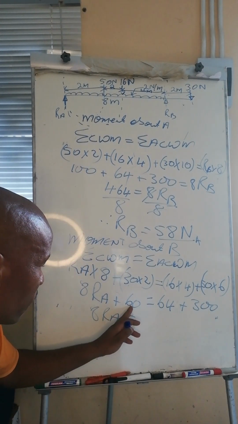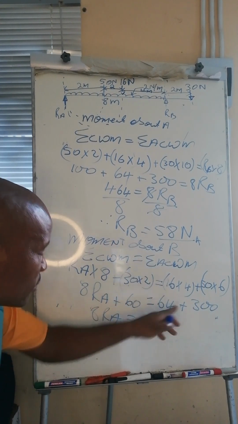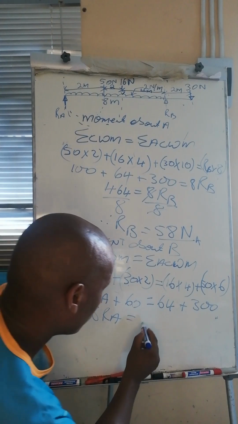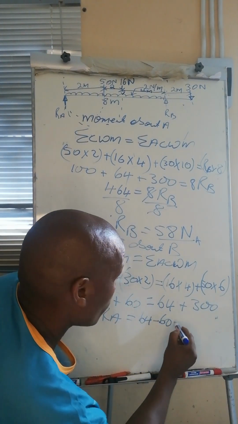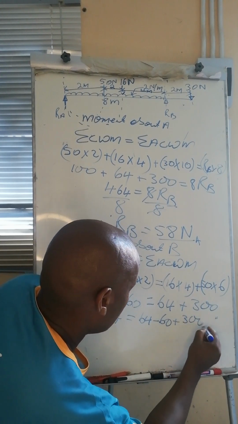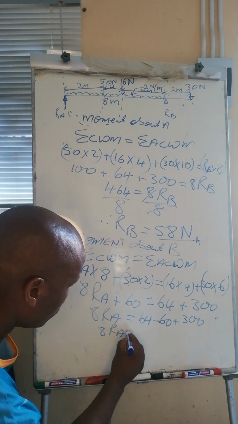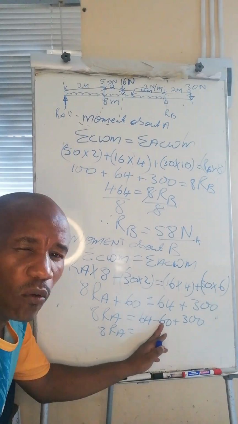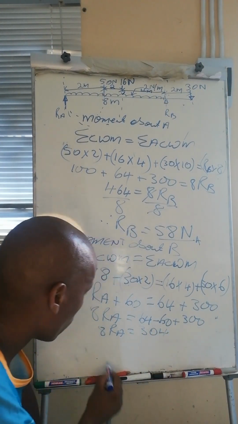If I take 64 and 60 to the far side of the equal sign, it becomes 64 minus 60 plus 300. Now 8 RA is equal to 64 minus 60, which is 4. 4 plus 300 is 304.